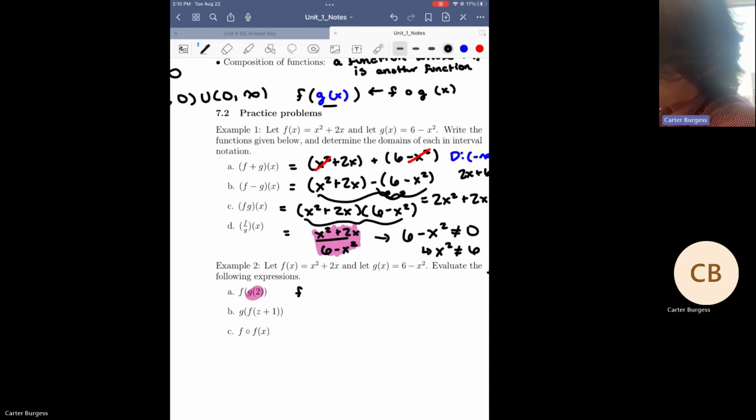So this is f of, I'm going to write this as g of 2. Everywhere we see an x, we replace it with a g of 2. This is going to be equal to, our f is defined up there, g of 2 squared plus 2 times g of 2.